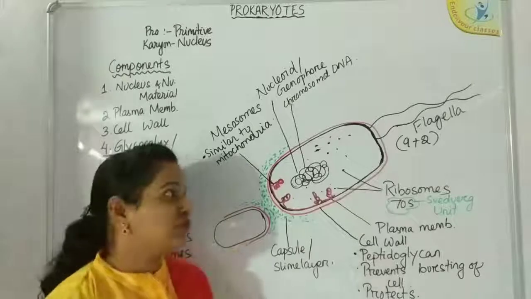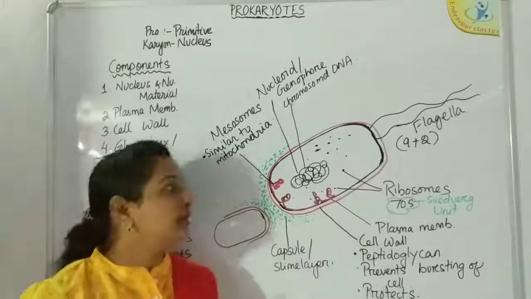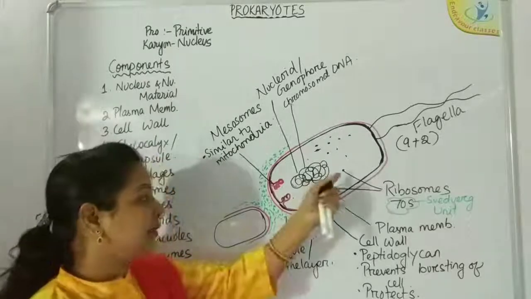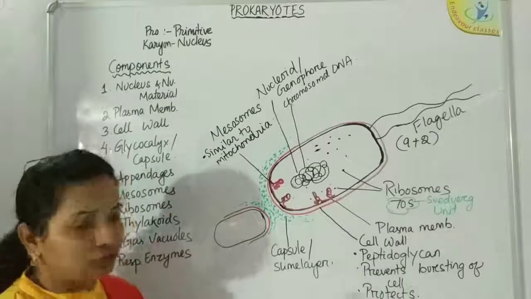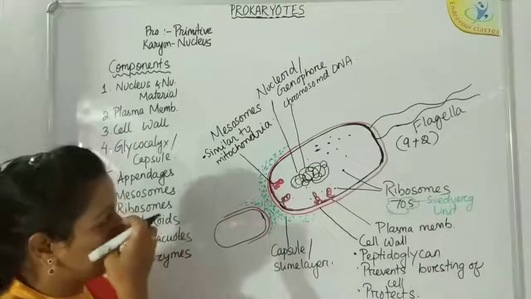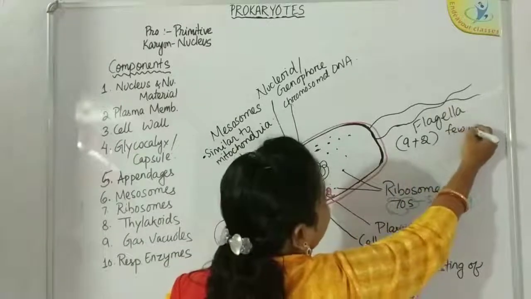With the continuous thrust or lashing movement of flagella, like sailing a boat, the flagella help the prokaryotic cell to locomote or move from one place to another.